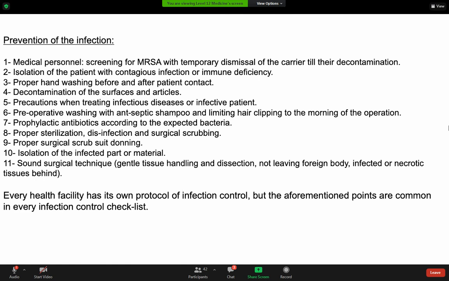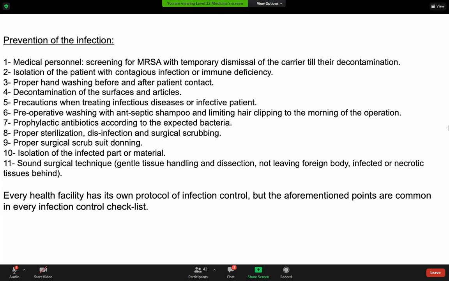Prevention of infection. طبعا there is a lot of things including medical personnel اللي هي screening for MRSA, for example, isolation of patient with contagious infection, proper hand washing للpatient himself and for the health practitioner, decontamination of the surface and articles, precaution when treating infection disease and infected patient, preoperative washing and antiseptic shampoo, prophylactic antibiotic, proper sterilization, proper surgical scrub, isolation of the infected part or material, طبعا يكون في good or sound surgical technique.